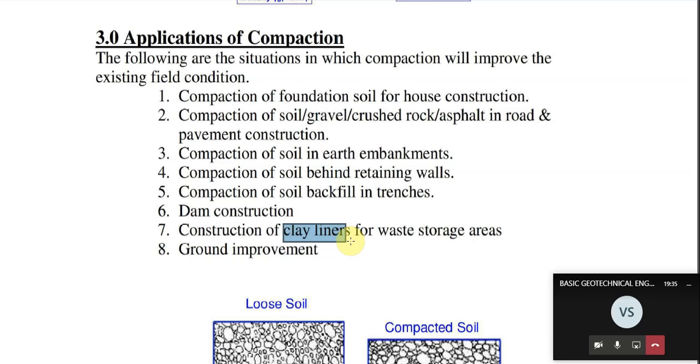Water cannot pass through clay soils easily. Hence, if you provide a layer of clay, then it becomes very difficult for leachate to penetrate through the clay layer inside the underground surface. Next, for ground improvement, if the ground has loose soil, it is compacted. So these are the applications of compaction.